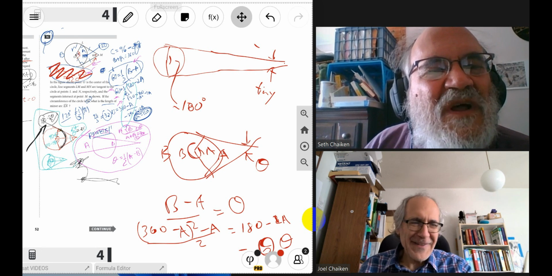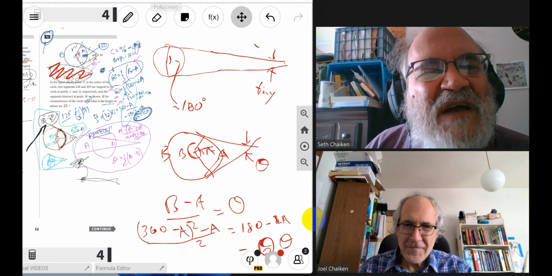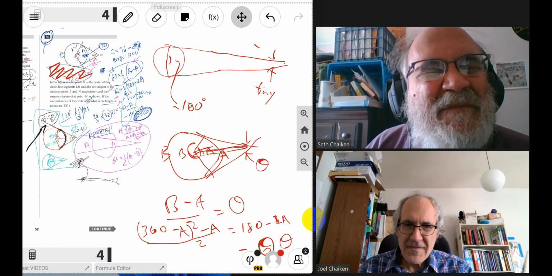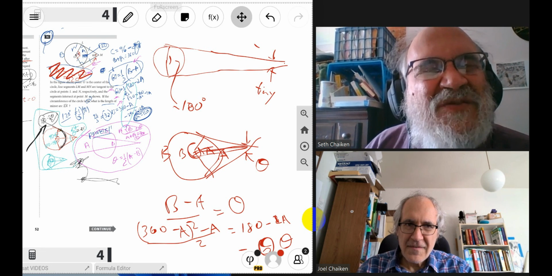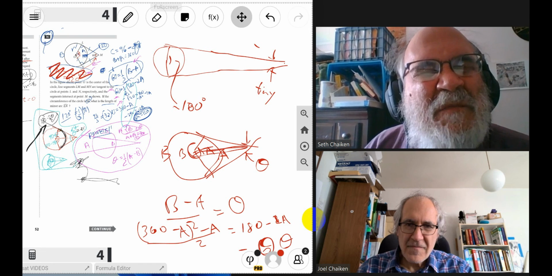Hold on. Okay, sorry. Here's the line here. And so we have half of theta is complementary to half of A. Right. And so theta is supplementary to A.